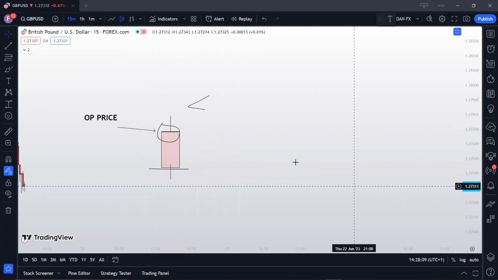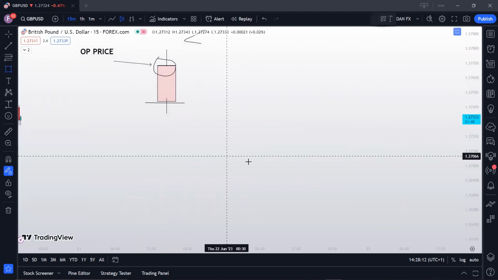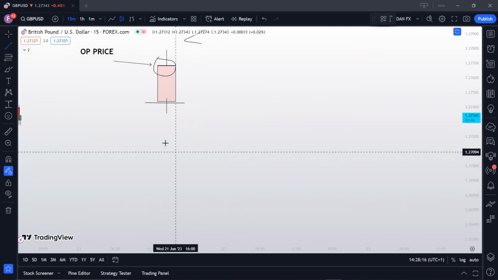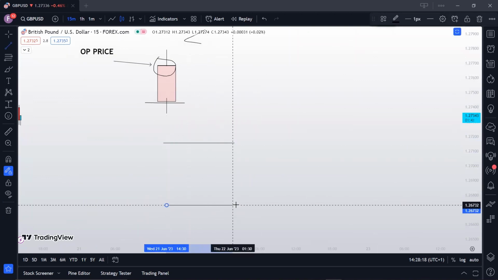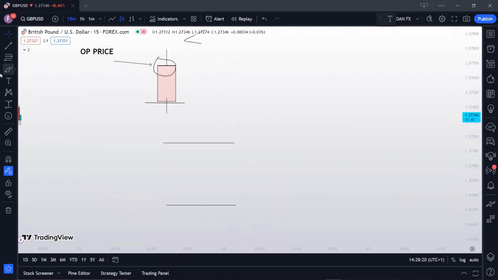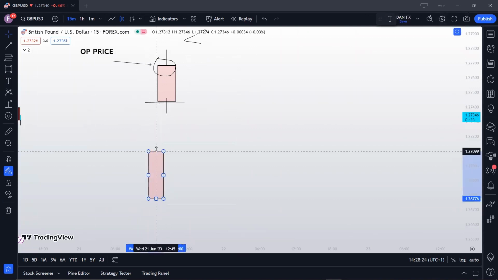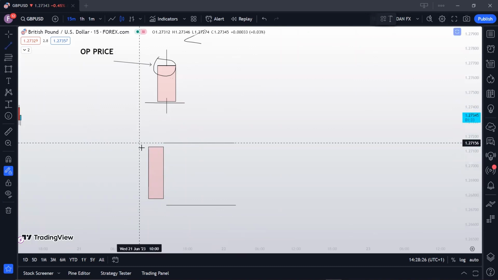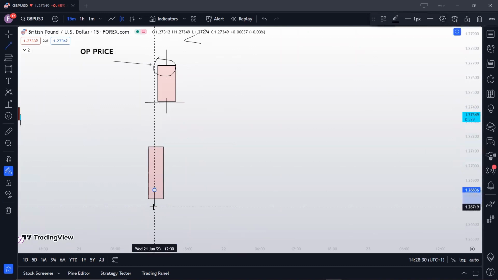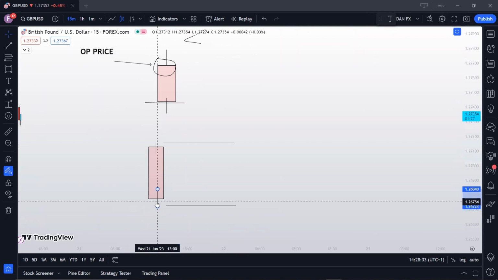Now, to explain the wicks or the shadow, let's say we have two price points, this price point here and this price point here. Let's say the body of the candle is somewhere here, with a wick that came all the way up here and a wick that came all the way down here, right?